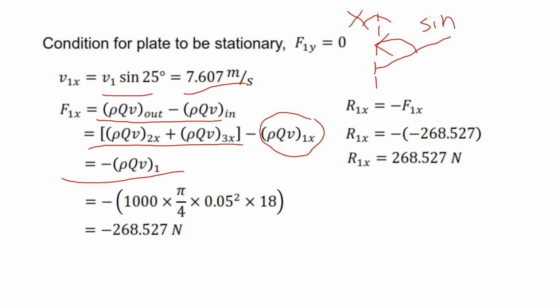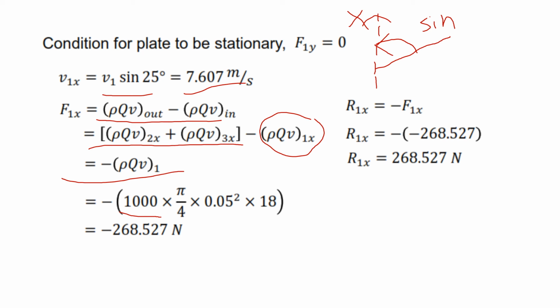Okay, so we substitute the value. Density is 1000. The Q is area, pi d squared over 4, times the velocity 18.